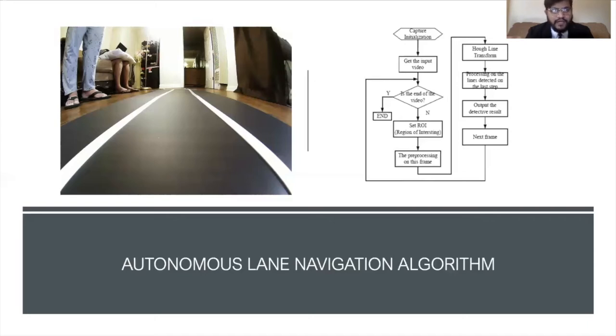So when we have 100 frames, these pre-processing techniques have to be implemented on each and every frame to get accurate results. So the higher the frame rate, the lower the performance. But if we have a better performing algorithm, we'll have higher performance with better lane detection.